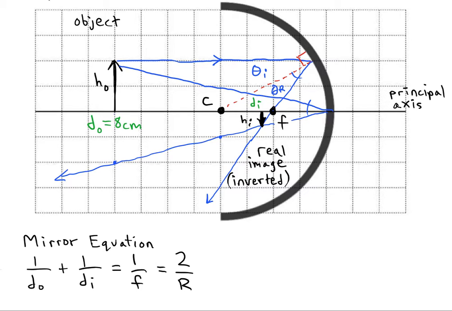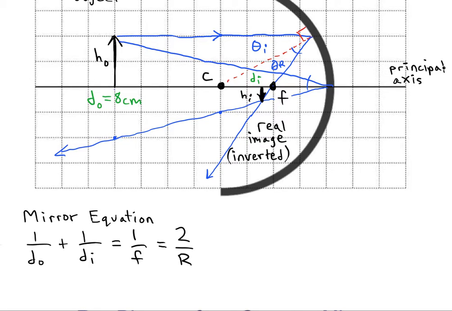All right. Let's plug in our numbers. I'm going to just ignore the 1 over f part, because I wasn't really given the focal length, I was given the radius.